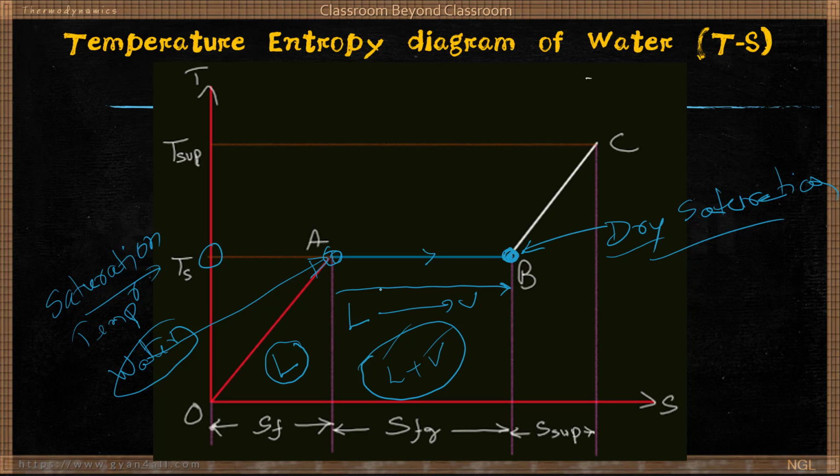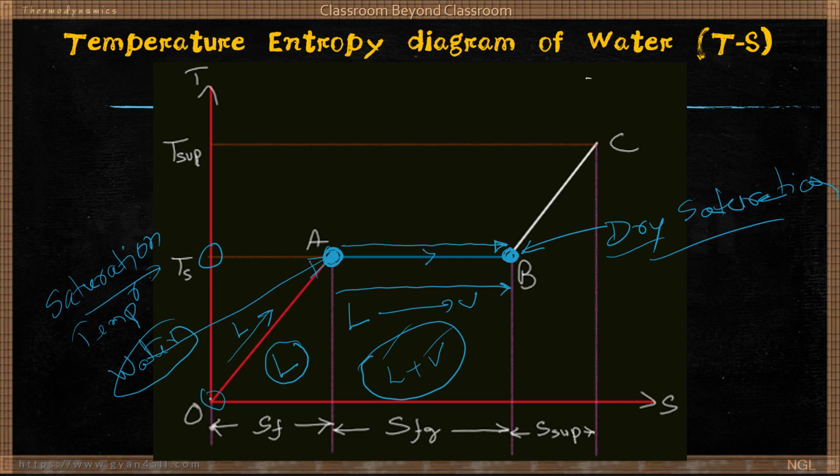Okay, this is very important. After this, you have to understand this thing to have a better understanding of all other concepts. Okay, I repeat, from O to A, this is liquid, but temperature goes on increasing, and at a particular temperature, if we go on adding the heat, then the temperature will no more increase, but evaporation will begin, and due to the continuous evaporation, the whole water will be evaporated, and it will be at the dry saturation point.